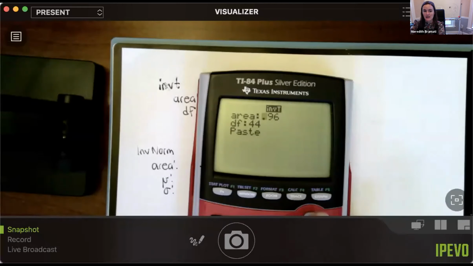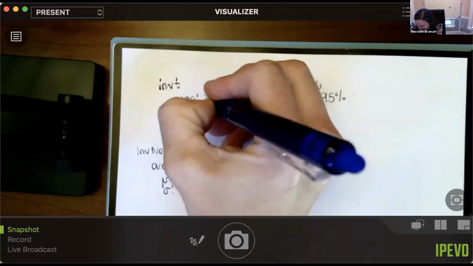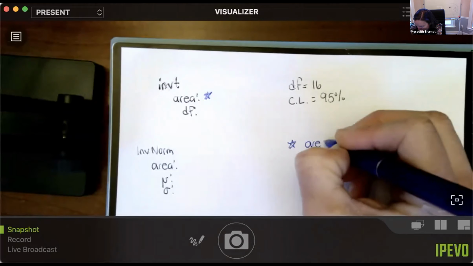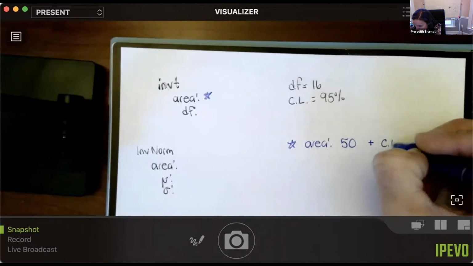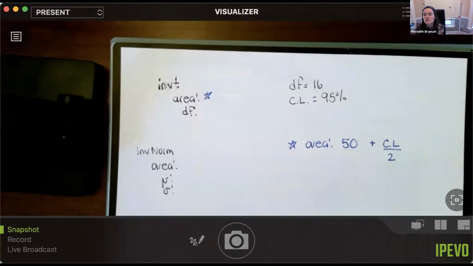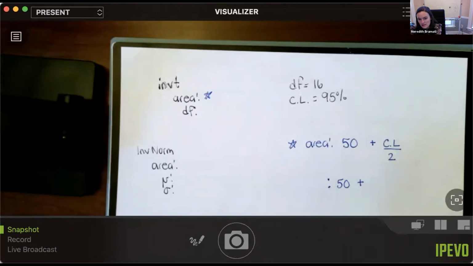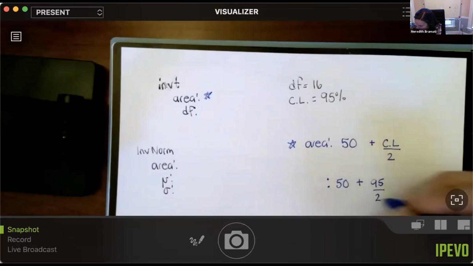Now, the area we have to do in a certain way. Area equals 50 plus the confidence level divided by 2. What's our confidence level for this problem? 95, right? Divided by 2.